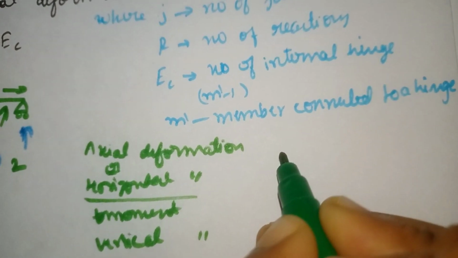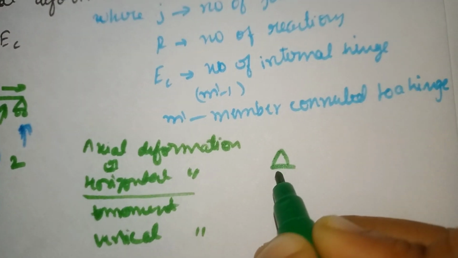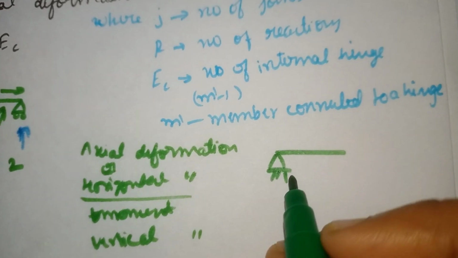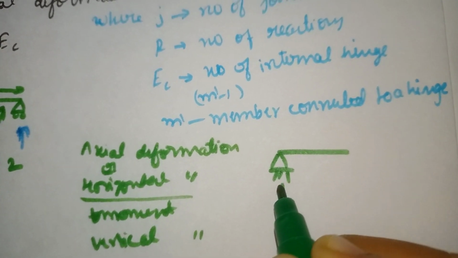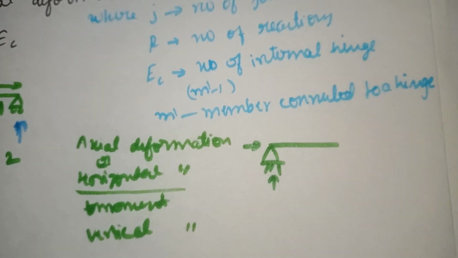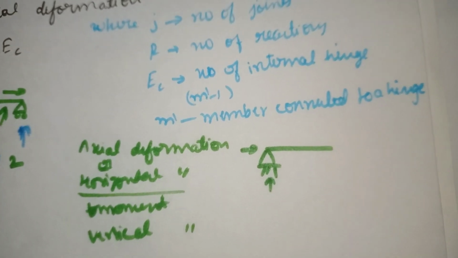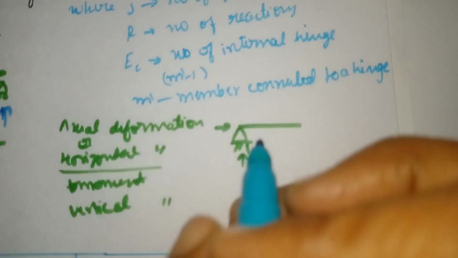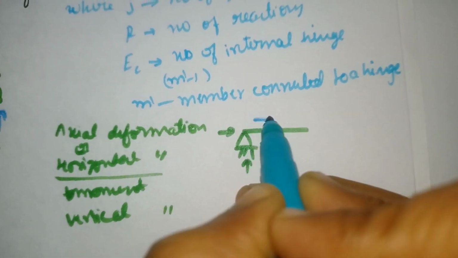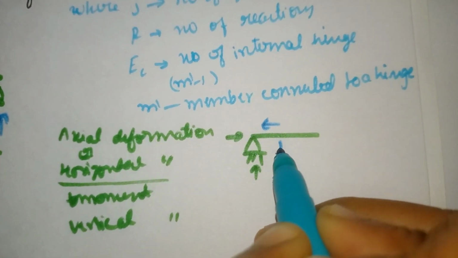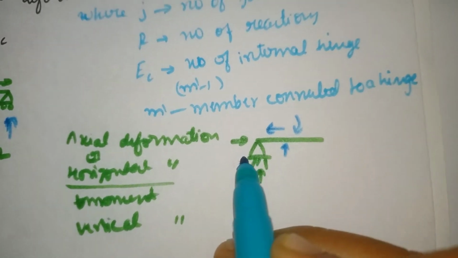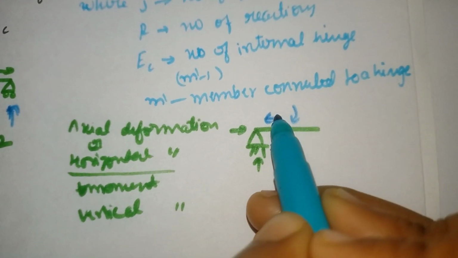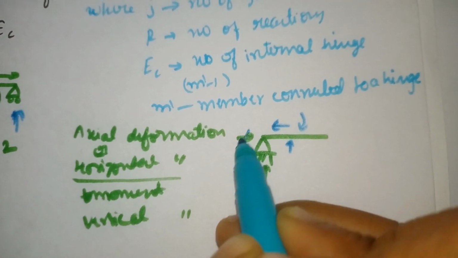Now we'll see the hinge support. At the hinge support, how many reactions are there? Two, vertical and horizontal. At any joint the possible deformation is 3: horizontal, vertical and moment. Here the horizontal reaction and horizontal deformation cancel each other.